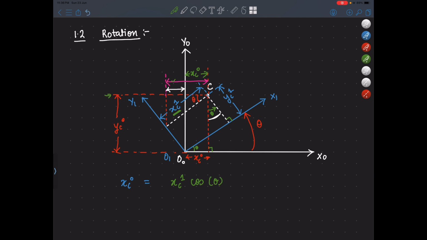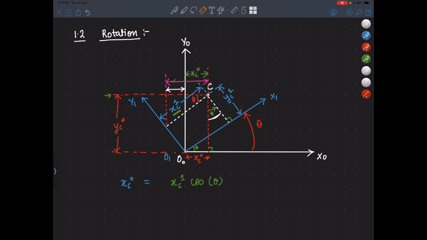White, what is white? How do we calculate the white one? So if you see, this angle is also theta, correct? Because again the same reason, this is 90 and this is 90, because this is theta, this will be 90 minus theta, and so this becomes theta.